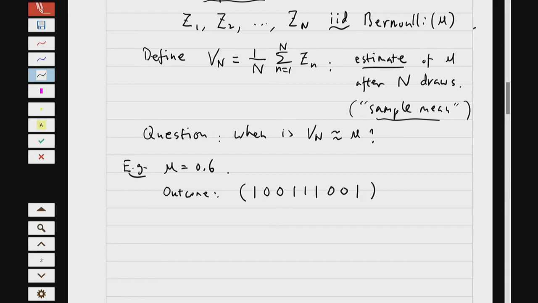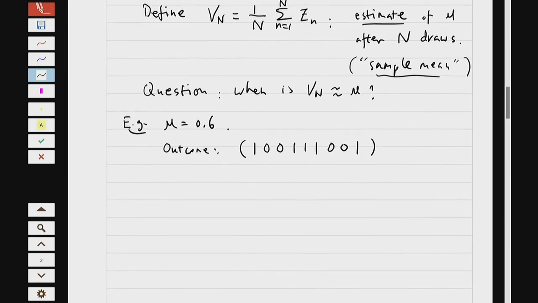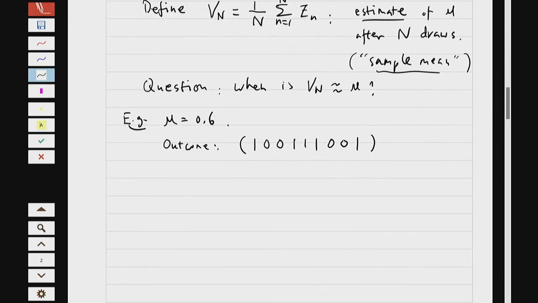These are the n equals 9 random draws. So this is one random outcome. Every time you do this, of course, you get a different random outcome. Suppose this is the random outcome. Then what would be your output, the estimate Vn?